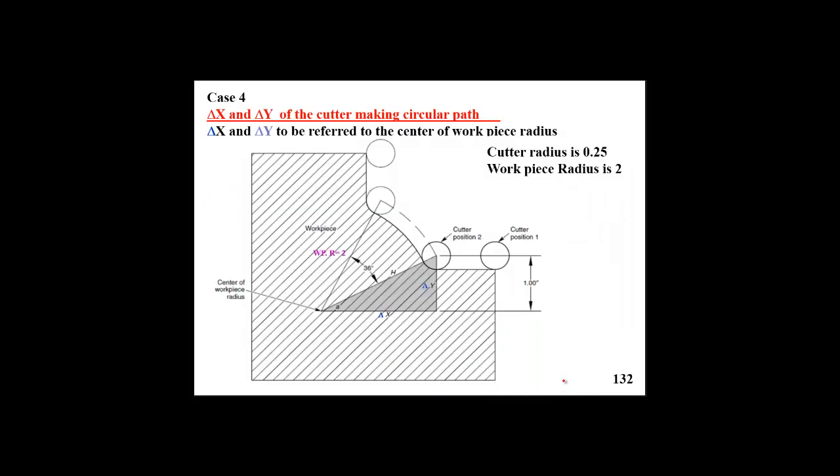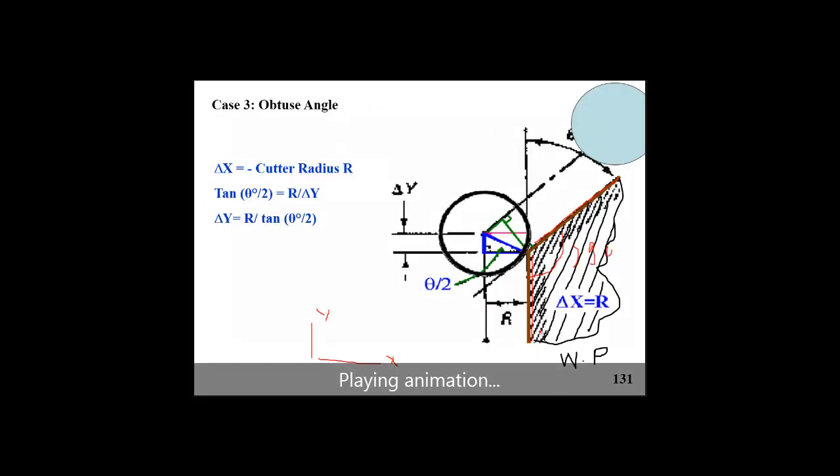To get the cutter to move in that path, we again shift the two edges as we did before: one shift parallel to the first edge, and another shift parallel to the second edge. The two shifted lines will intersect at a point.